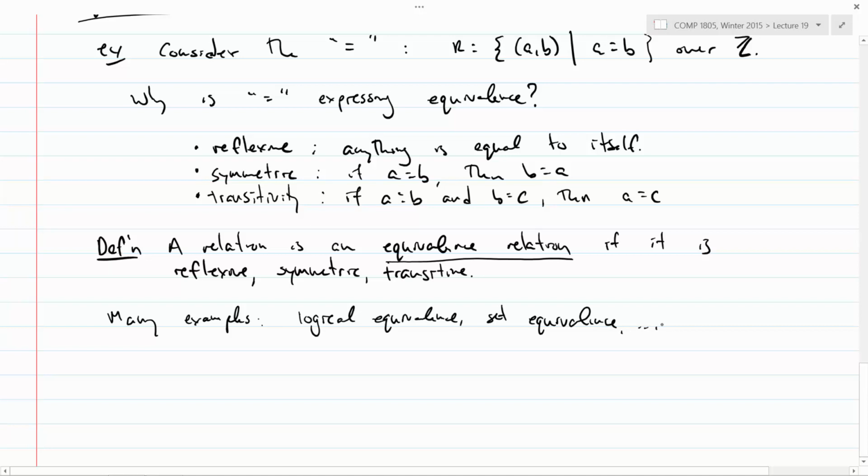All right. So to show something is an equivalence relation, you just show that it has all three of those properties. And the other side of that is, if you want to show something is not an equivalence relation, you show that it's missing at least one of those properties.